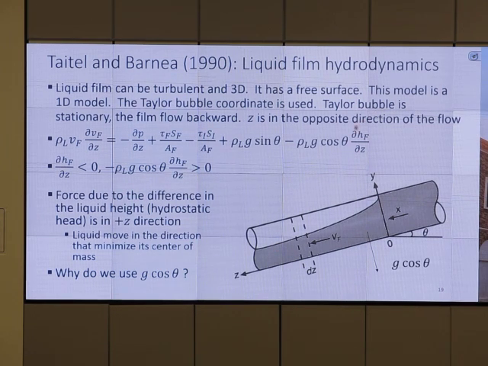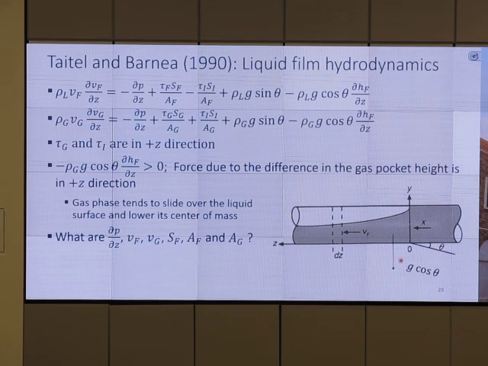So we have an additional g cosine theta term, to account for the difference in the liquid height. Additional hydrostatic head. Okay. We have an equation for the film and an equation for the gas.